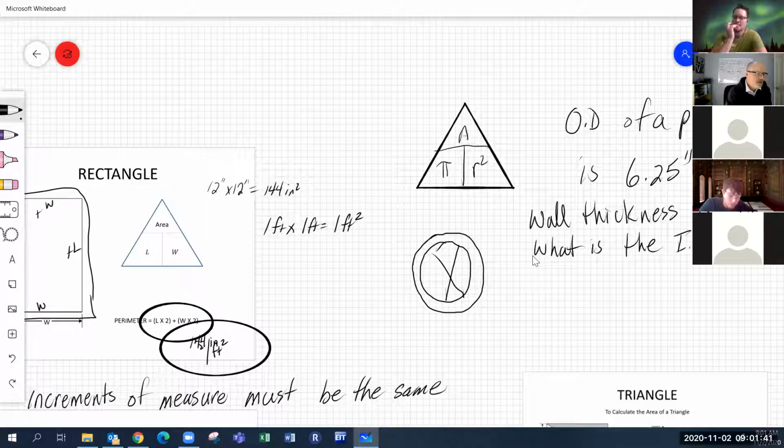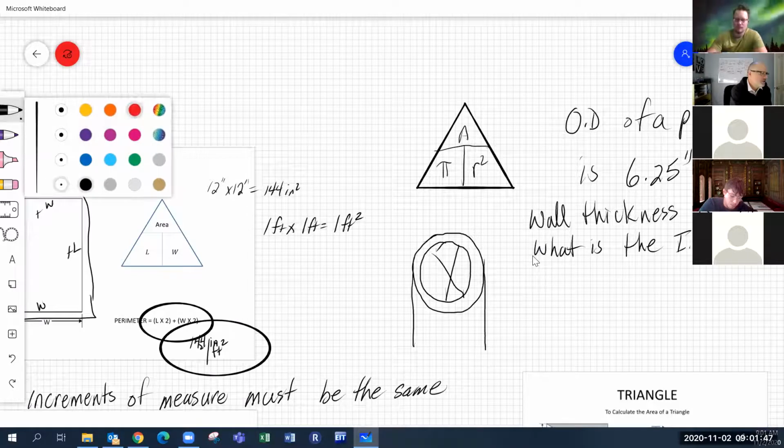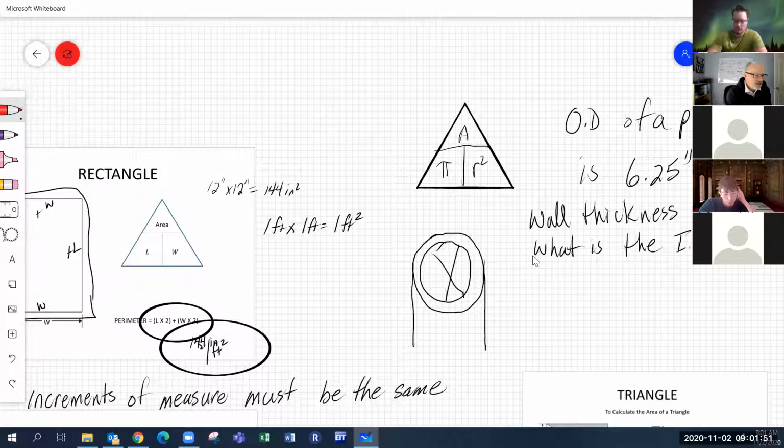This is the outside diameter. I know it's not a very good drawing. I apologize for that. So the outside diameter was 6.25 inches, yes? And I said that the wall thickness was 0.25. How many wall thicknesses do we have on a piece of pipe?